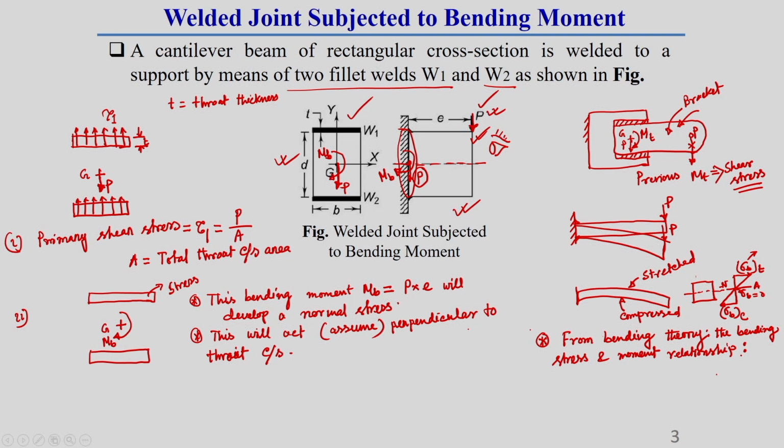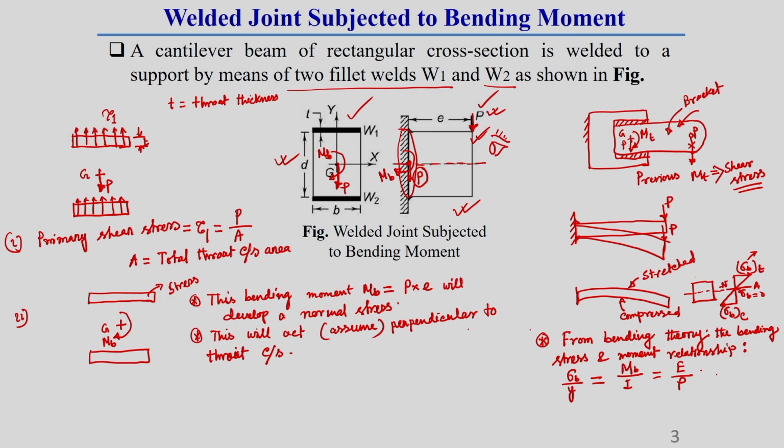This is very well known to you. We know that sigma by y is equal to M by I equal to E by rho. Here sigma is called bending stress, M is called bending moment or MB you can write, I is called second moment of area along its axial direction.